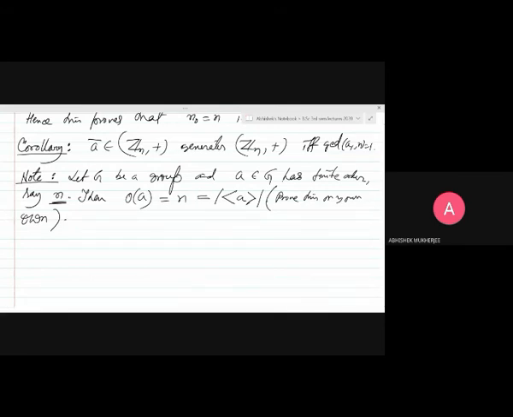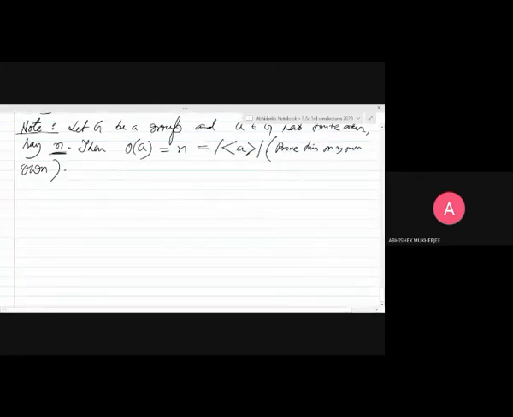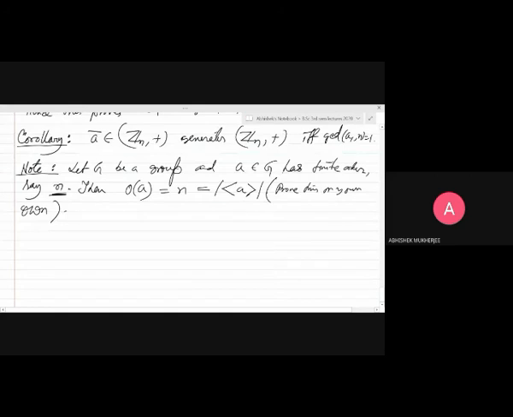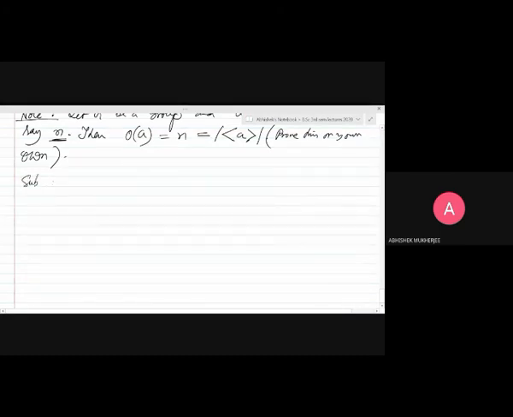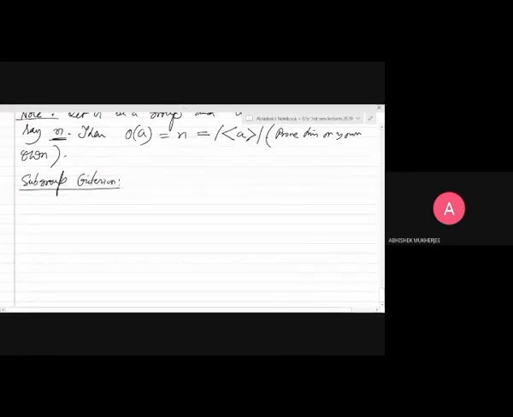So now I would like to finish this discussion by giving you two more characterizations, two more necessary and sufficient conditions for a subset H of a group G to be a subgroup. So, subgroup criteria, right?